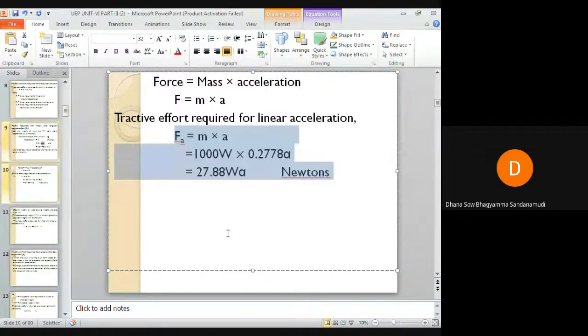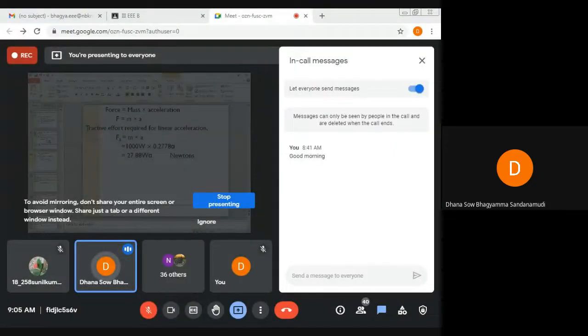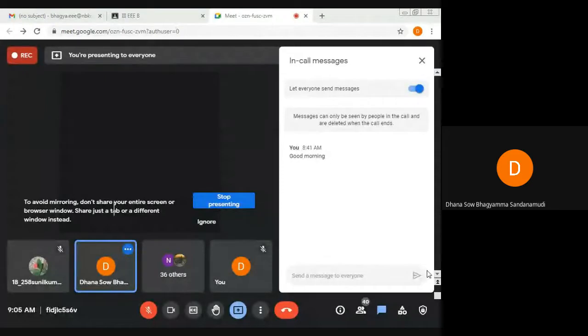If the train has rotating parts such as motor armature, wheels, axles and gear system, the weight of the body being accelerated including the rotating parts is known as effective weight, or the accelerating weight.